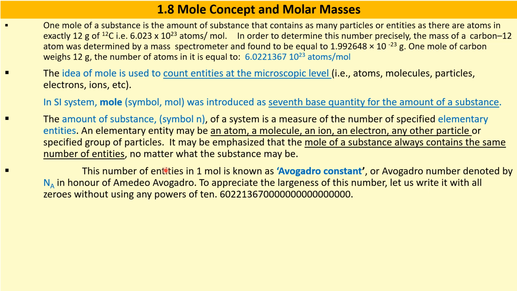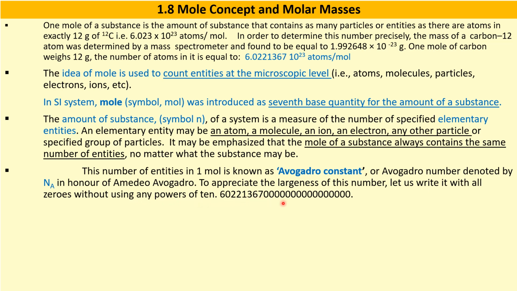This number of entities in 1 mole is known as the Avogadro constant or Avogadro number, denoted by the letter NA in honor of the scientist Amedeo Avogadro. To appreciate the largeness of this number, it is written without any powers of 10.